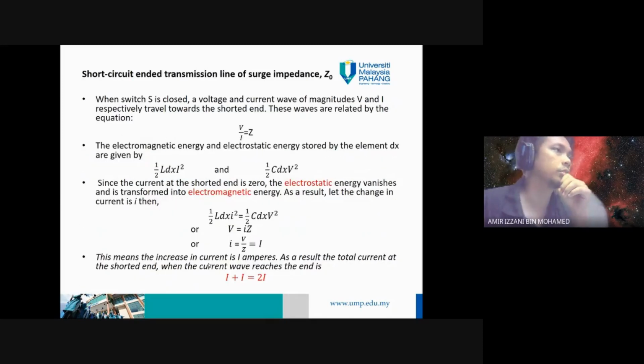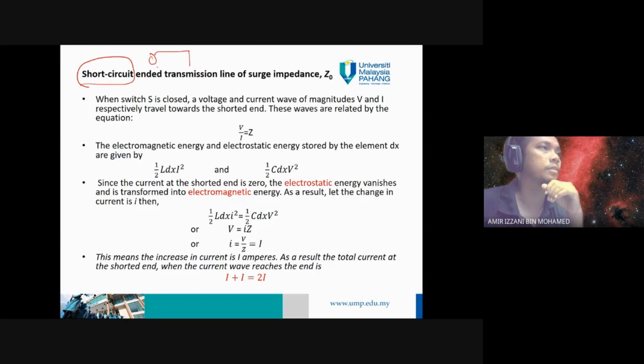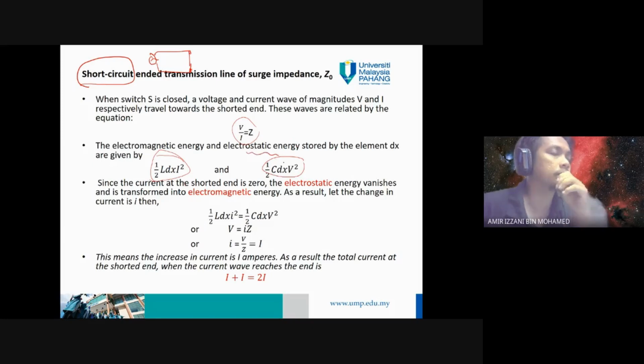Okay, for short-circuit ended. Short circuit at the end of the line. So the voltage and current relationship is still the same, V over I equals Z, and the stored energy is originally the same, but here it is a short circuit, so we don't have this electrostatic part because no capacitor is charged.